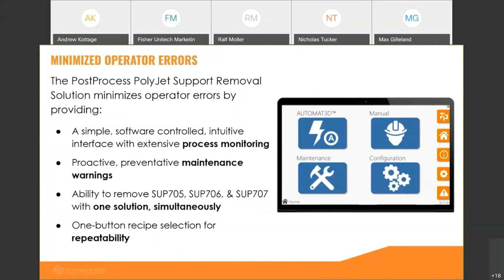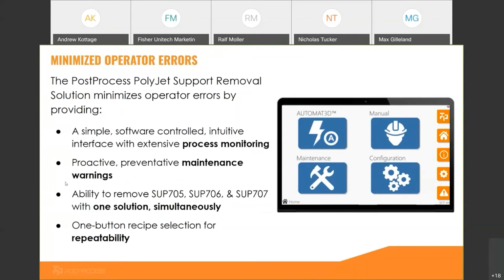If your tank level is getting low, we'll make sure that you stay aware of what's going on in your process so you can maintain that consistency, and you don't have to stand in front of the machine and worry about if it's operating within the boundaries that you've set. Same thing, after the cycle, any proactive or preventative maintenance warnings, letting you know if there's any steps you should take to maintain your machine.